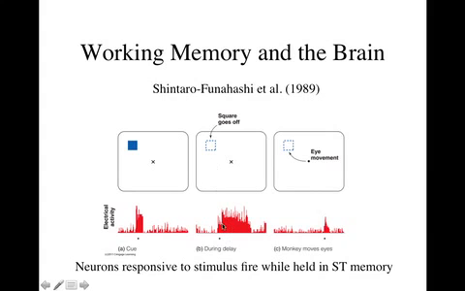That suggests that these neurons are really coming online specifically when the memory of that information is required. So the neural response to the stimulus will fire here while the information is being held in short-term memory.